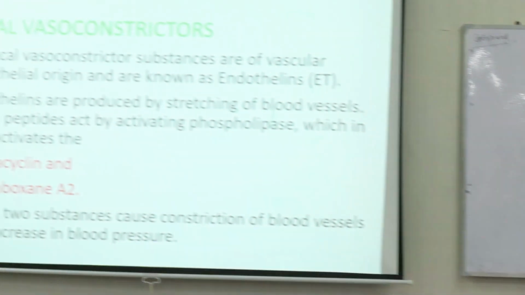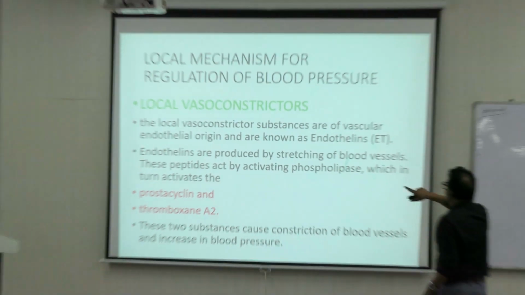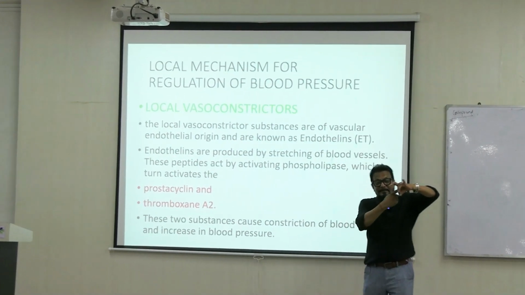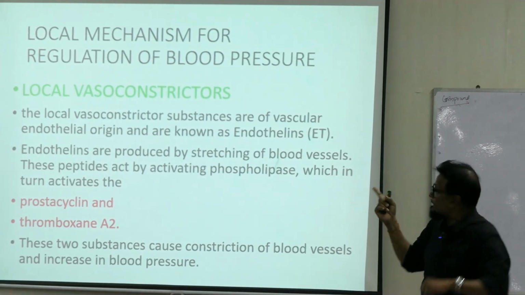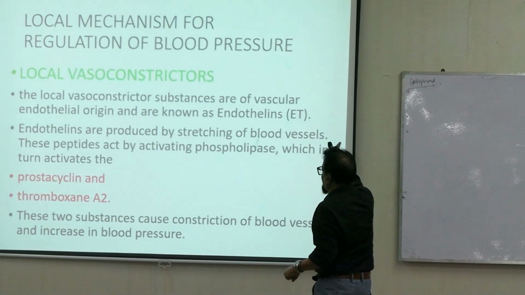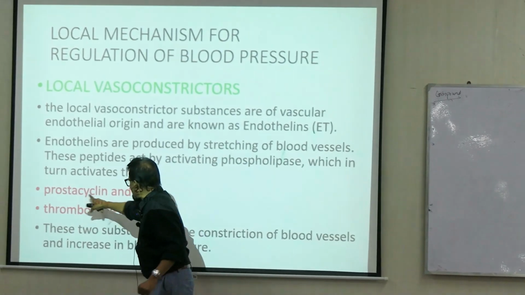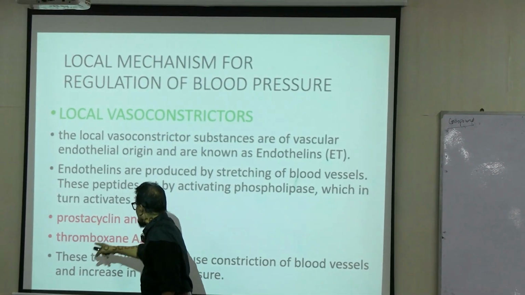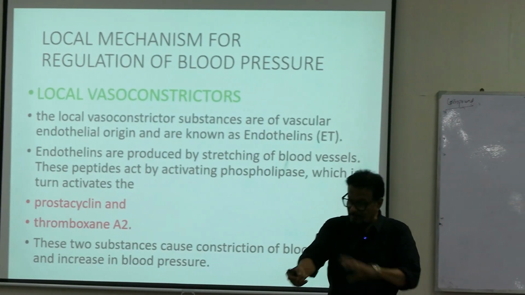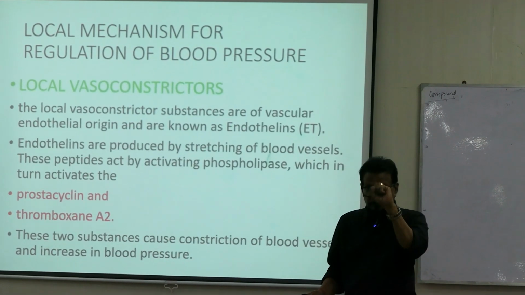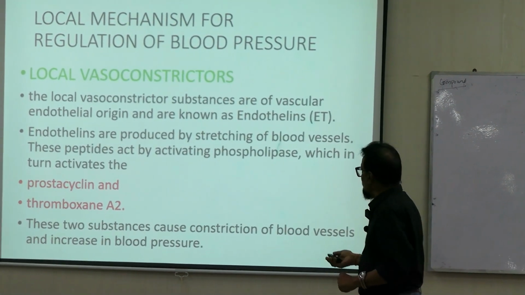Prostacyclin and thromboxane are made from the inner lining, the endothelium. By several reactions, this produces prostacyclin and thromboxane A2, and these are two vasoconstrictors locally. So by these vasoconstrictors, blood pressure can be increased.